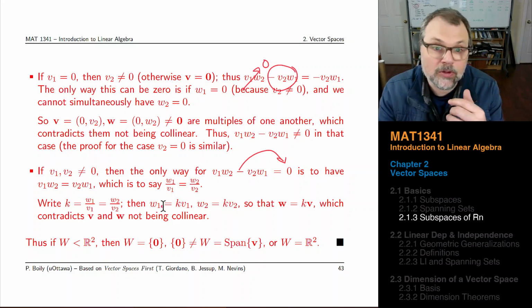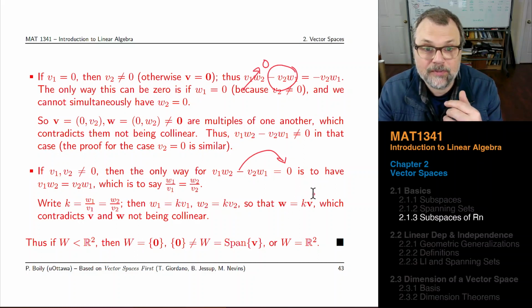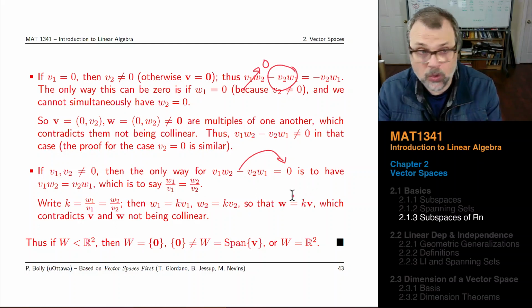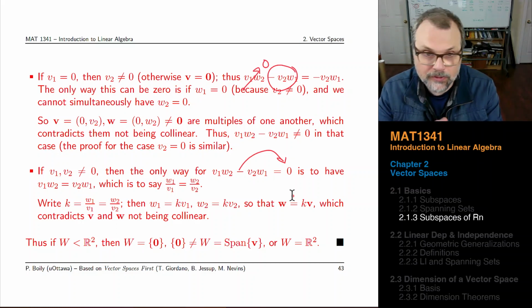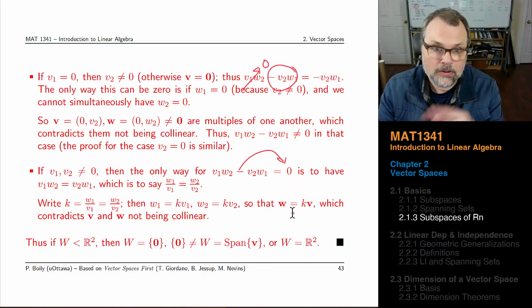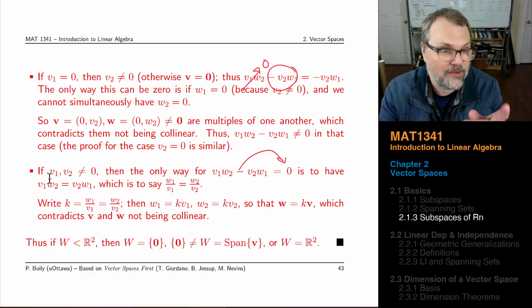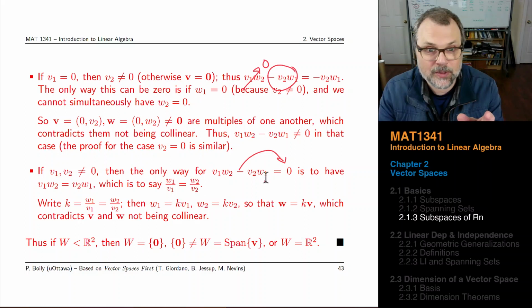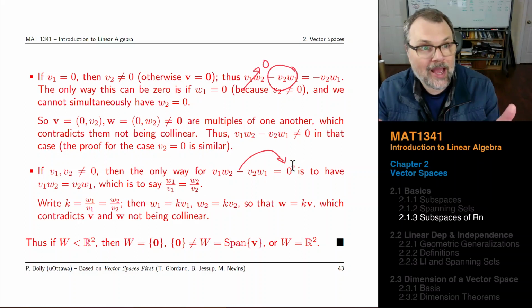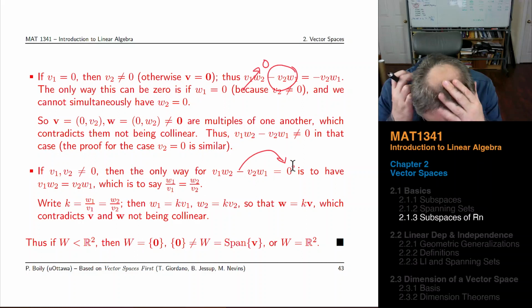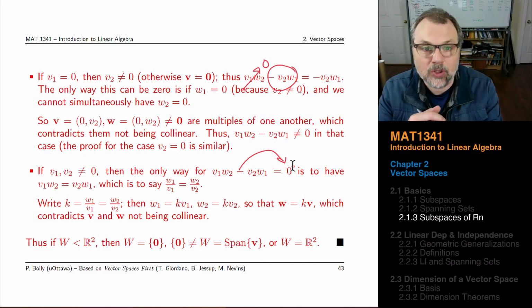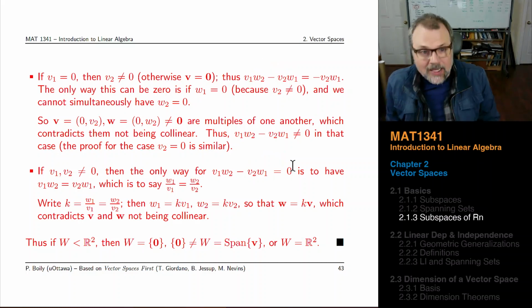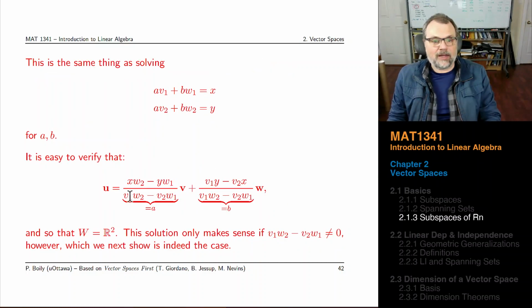In other words, W as a vector would be equal to K times V. And that's also a problem because we've assumed that W and V were not collinear, that they were on different lines through the origin. So it is impossible then to have V1 and V2 be different than 0 and this expression be equal to 0. No matter what happens to V1 and V2, the expression V1W2 minus V2W1 cannot be equal to 0, and hence it makes sense to divide here by the expression.